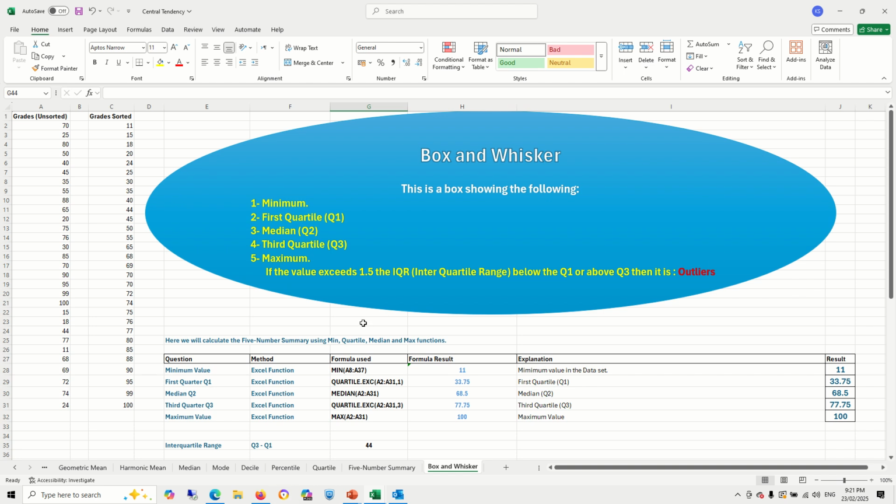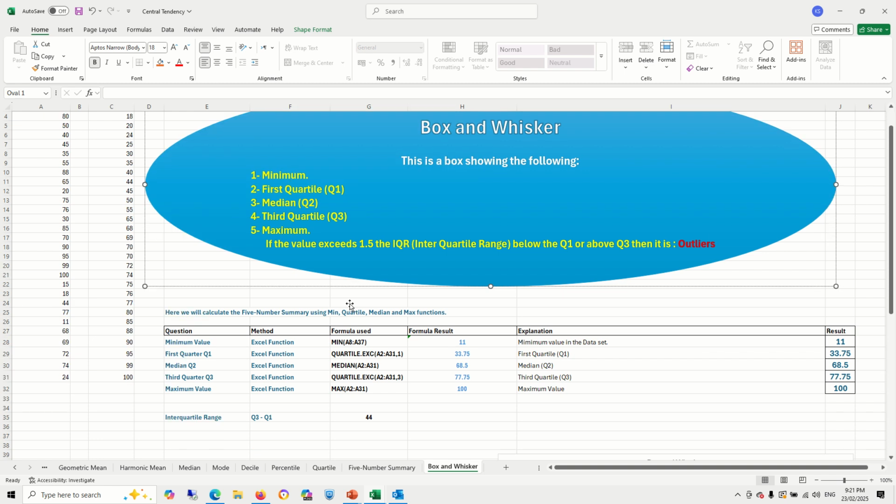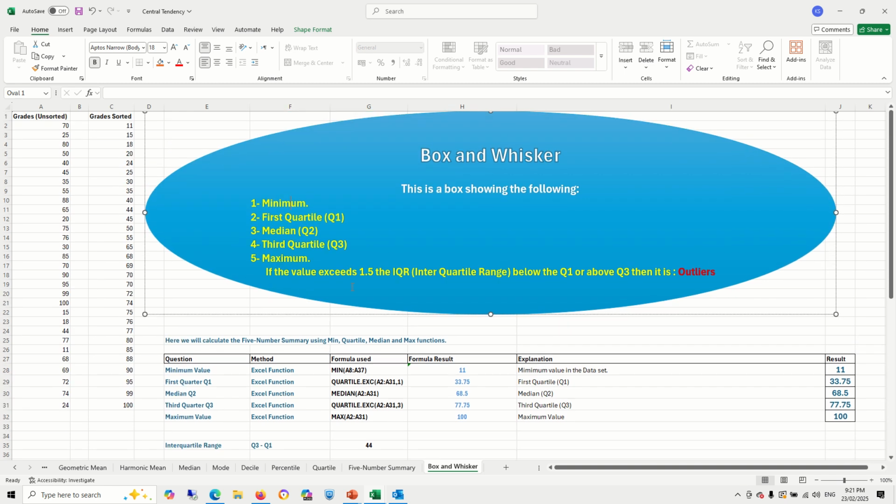The 5-number summary is represented graphically using the box and whisker. So the minimum, the first quartile, the median, the third quartile, and the maximum are represented. At the same time, if a value exceeds 1.5 times the interquartile range below Q1 or above Q3, then it will be an outlier. Okay.